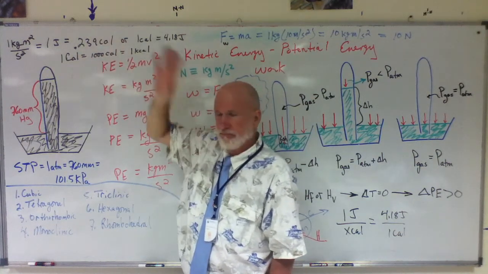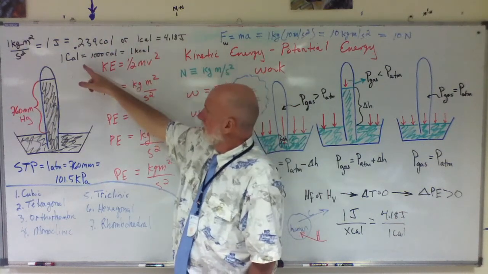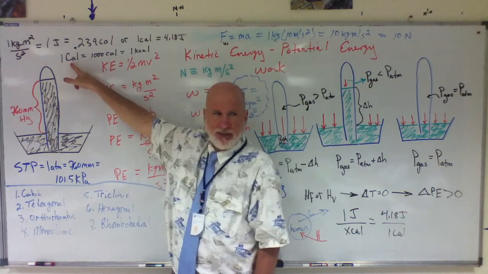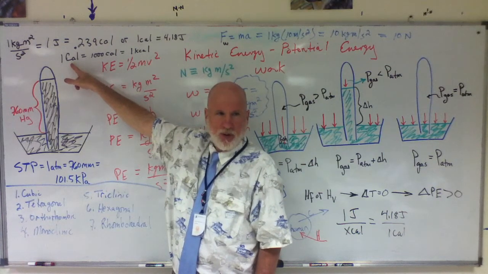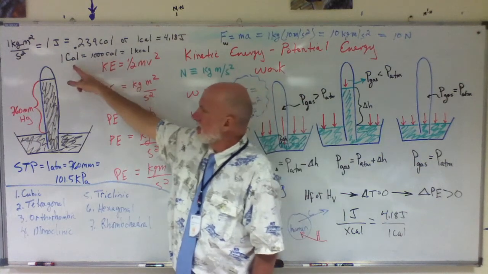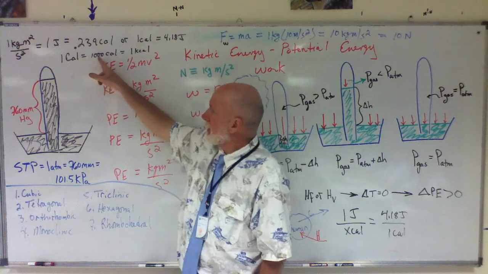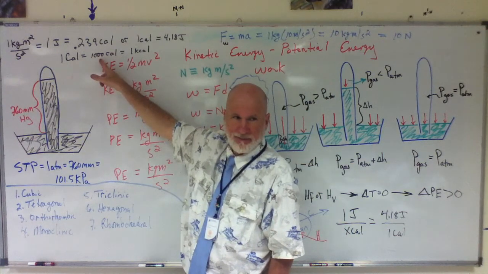Memorize that. Do yourself a favor, okay? Yes? Now, look at that capital C. Believe it or not, that's important. 1 capital C is 1,000 little c's. This is a dietary calorie. This is a scientific calorie. You get it? Yes or no?